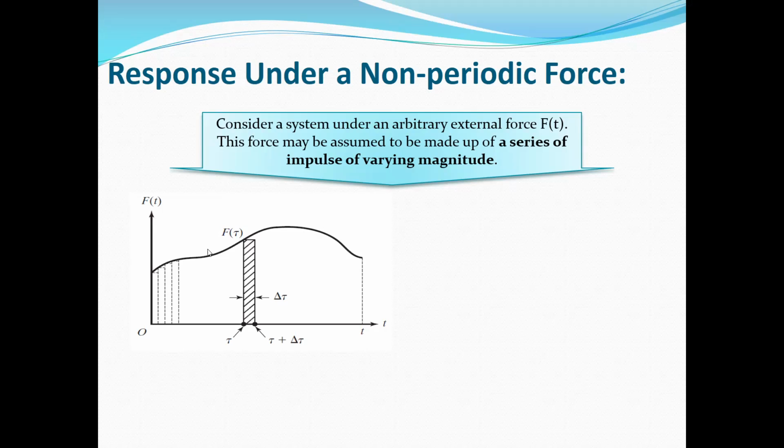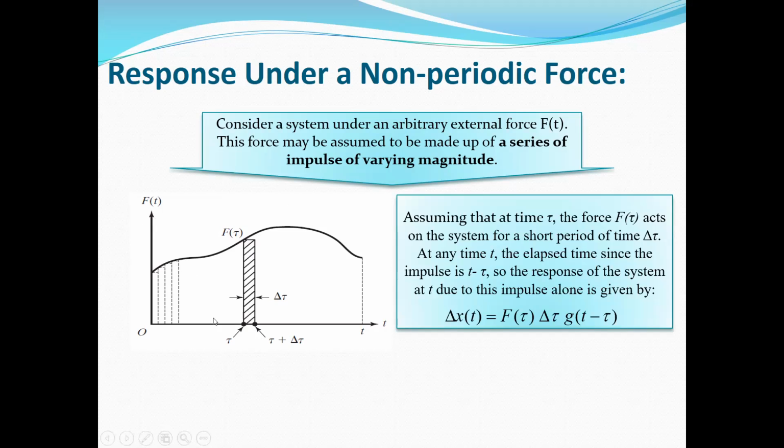You can see it can be an arbitrary function of time, of course a continuous arbitrary function of time, and we can assume that this F(t) is a series of impulses with varying magnitude. For example, at t is equal to tau, at this point, we can assume that the impulse has a magnitude of F(tau).